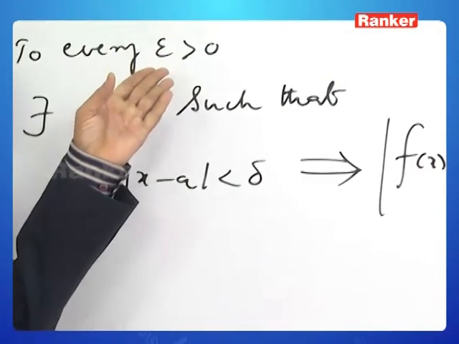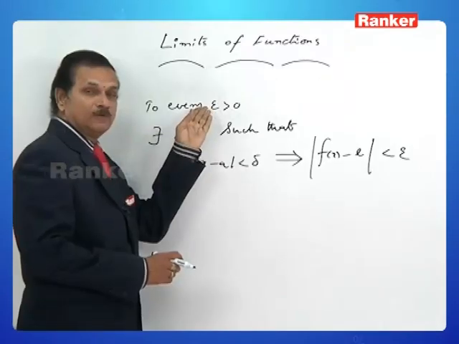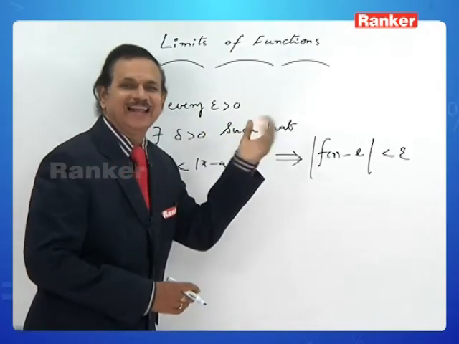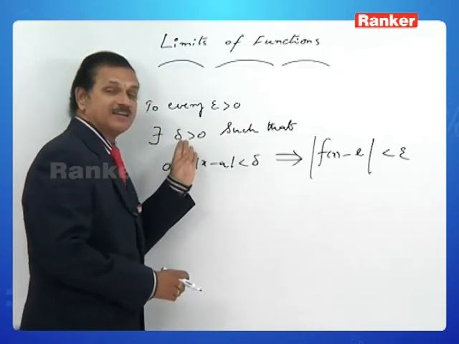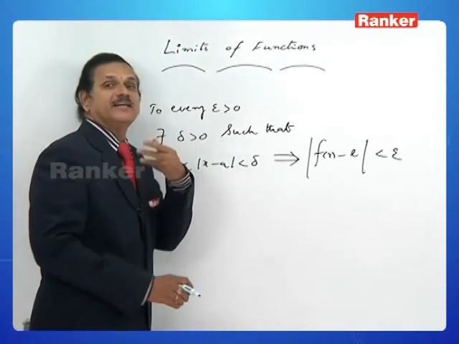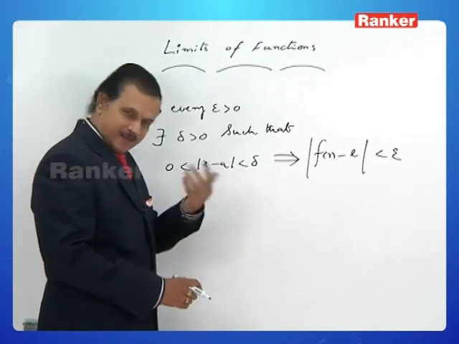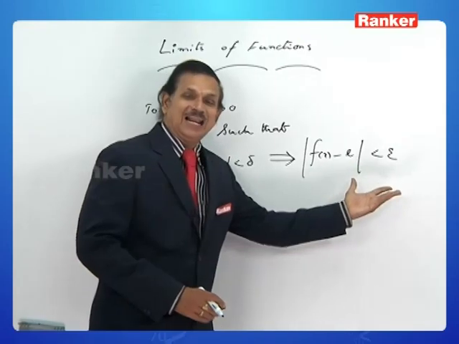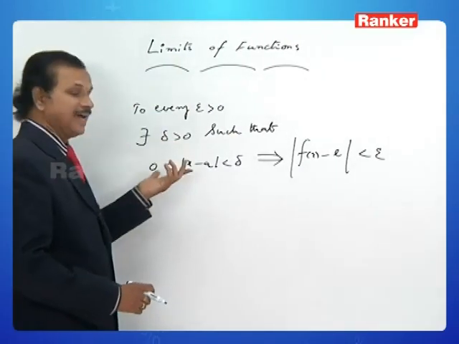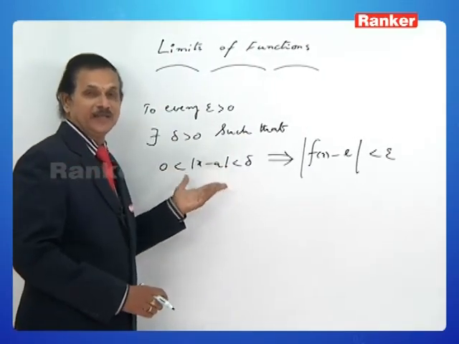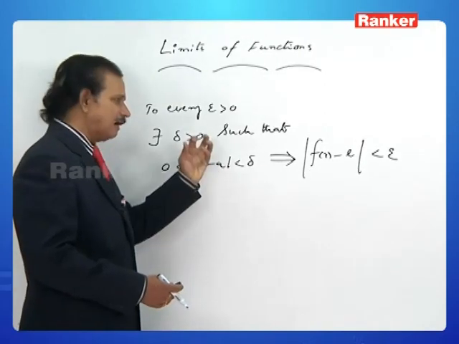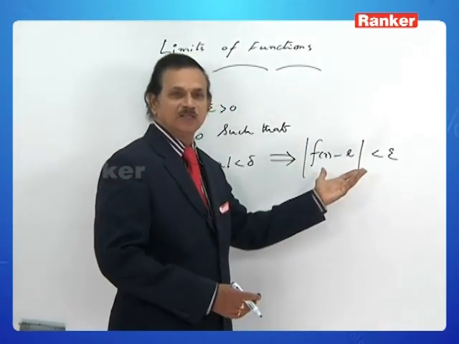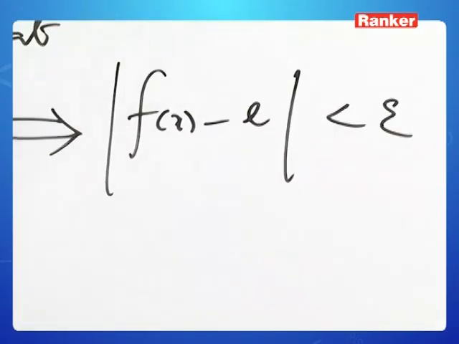What is the actual sense involved in that? To every neighborhood around L, there exists delta, which means there is a neighborhood around A, corresponding to the size of the neighborhood around L. The size of the neighborhood around A must depend on it, such that for all those points x in this neighborhood, f of x will be in the neighborhood L minus epsilon to L plus epsilon.